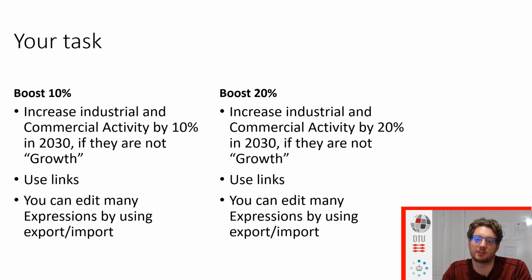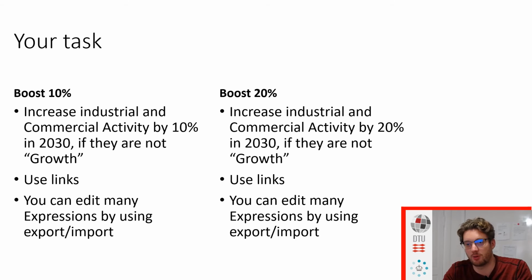And the last thing is, since you have to edit more than a few expressions, you can do so by exporting your sectors from LEAP to Excel, and use that to import again. Remember the rules for exporting and importing we talked about in the lesson, which I think is in lesson 3, that you should only export the exact measures that you need to change before you import, because otherwise you might mess something up.